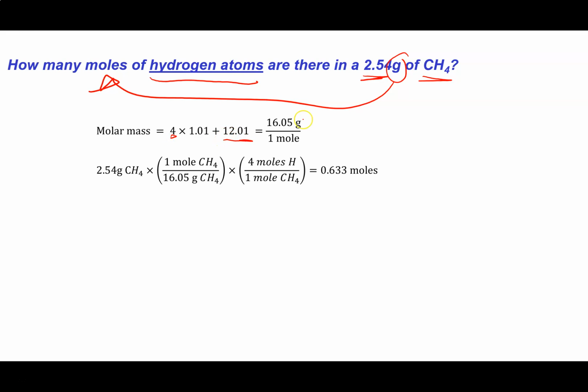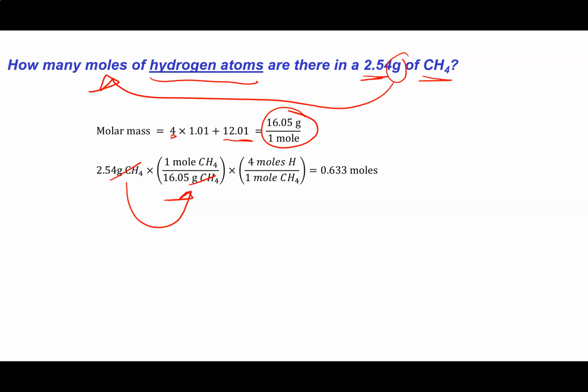So I add those masses together and I determine that the molar mass of methane is 6.05 grams of methane for every 1 mole of methane. So my first conversion here, I'm going to go from grams of methane to moles of methane by multiplying by 1 on the molar mass of methane. And that will leave me with moles of methane.